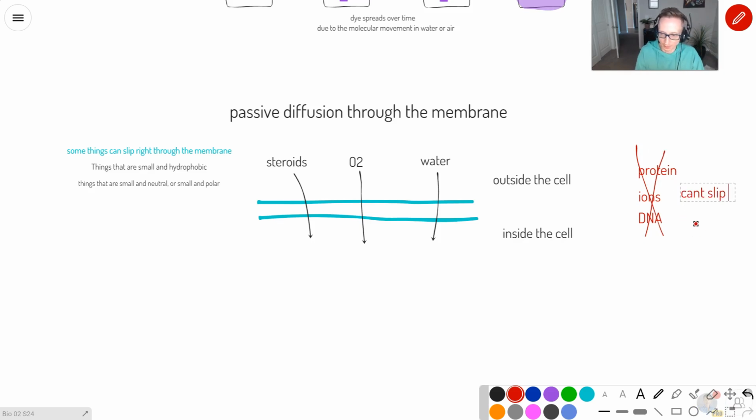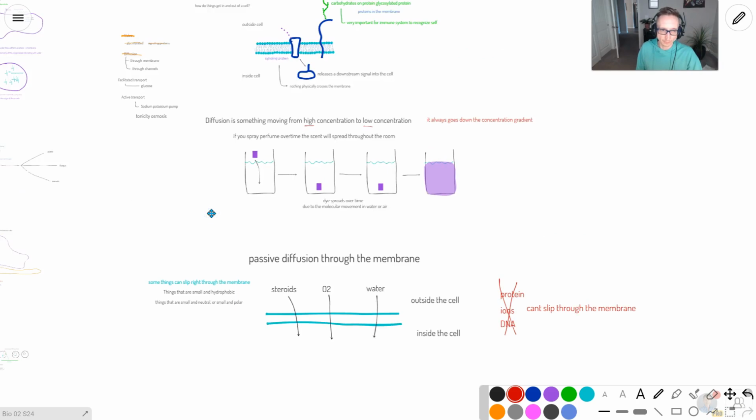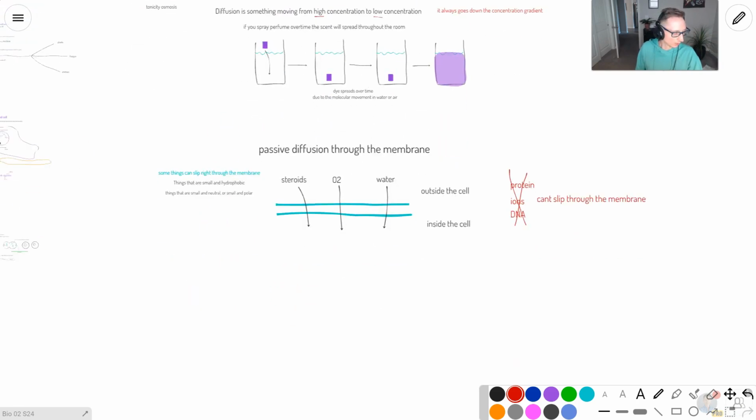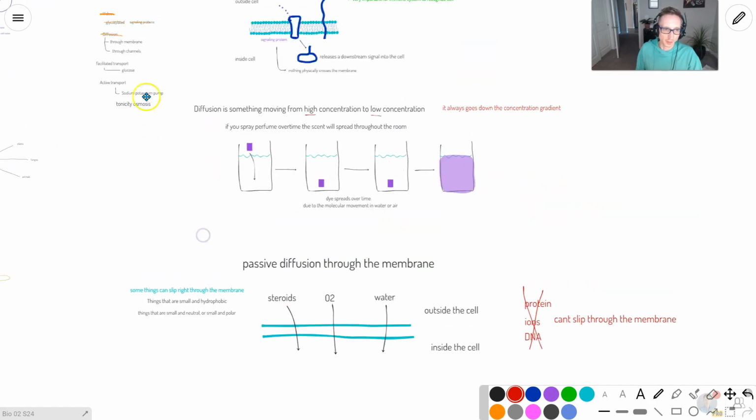Can't slip through the membrane. Too big, too charged. They don't want anything at all to do with just going right through the membrane.